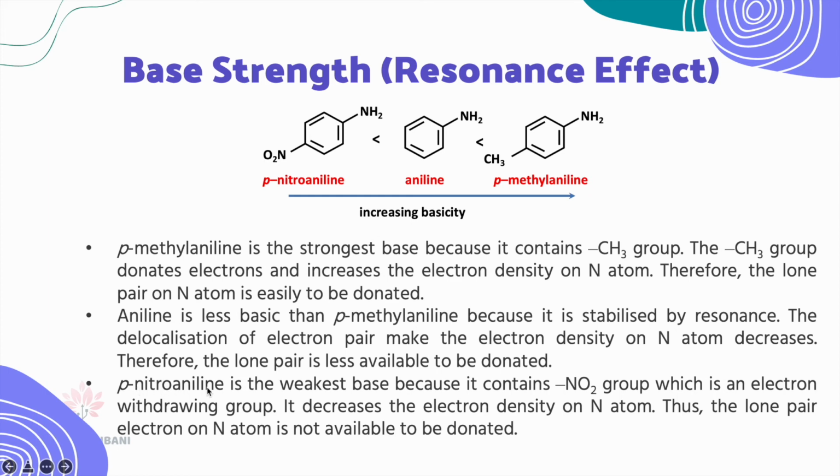So para-nitroaniline is the weakest base because it contains the NO2 group, which is an electron withdrawing group. It decreases the electron density on N because NO2 withdraws the electron towards itself. Thus, the lone pair electron on the N atom is not available to be donated. That's why this is the least basic.